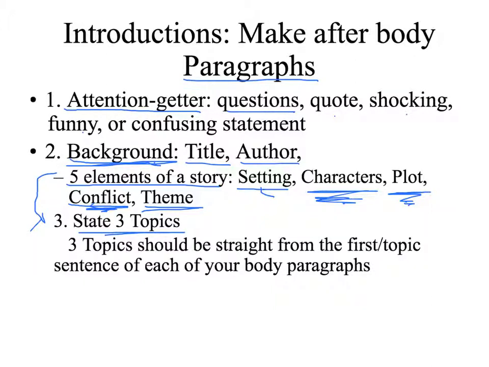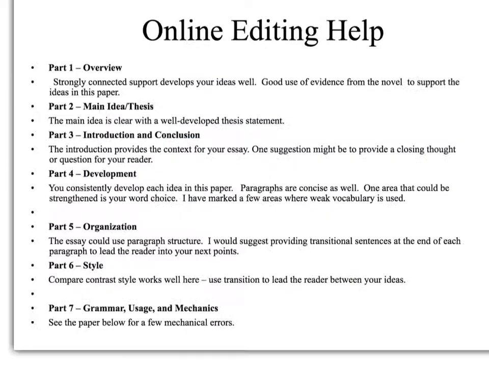Ours are comparing the White Witch and Satan, and your topics are going to be easy to find because they're going to come straight from the first topic sentences of your 3-body paragraphs that are already written. So you're going to find those key words that are in the first and last sentence, and make sure those words are in this paragraph that we're going to be making.